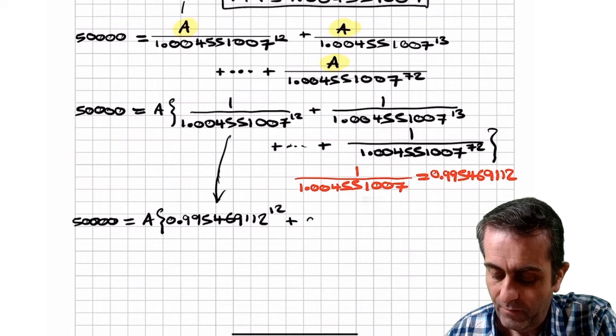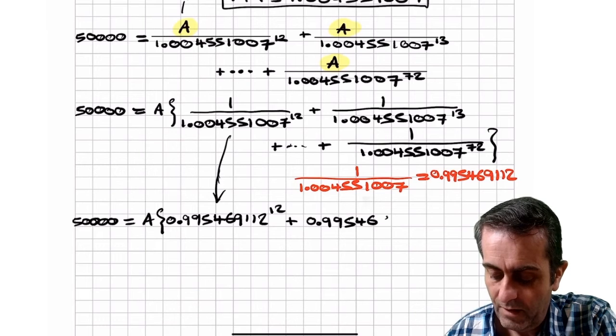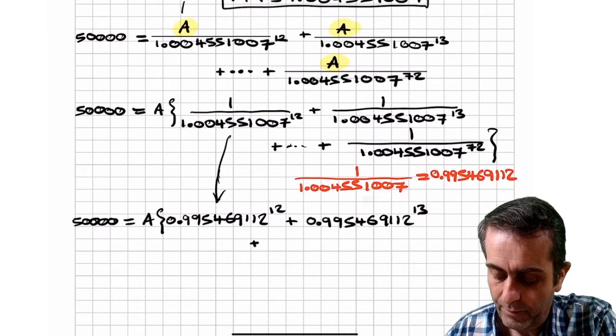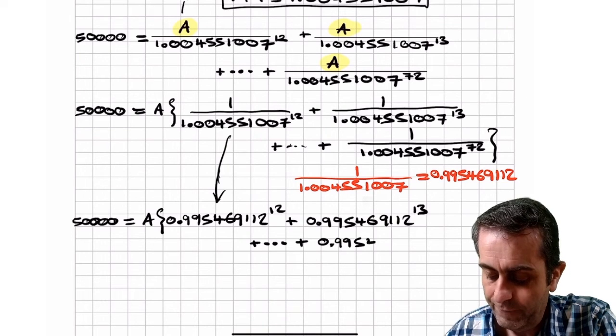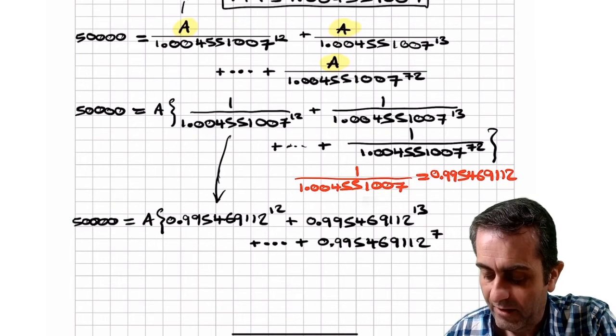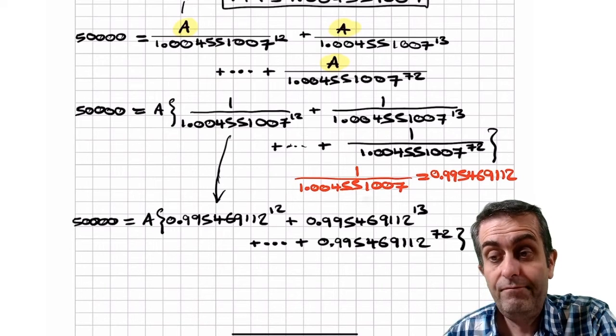And then that's plus 0.995469112 to the power of 13, plus all the way to the end of the series when I reach 0.995469112 to the power of 72.